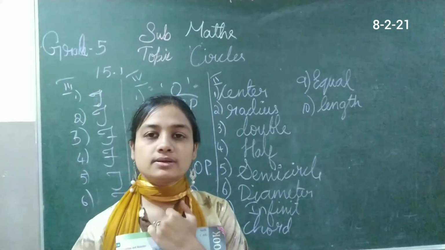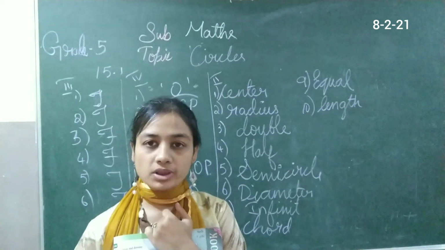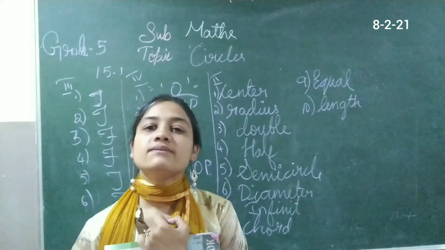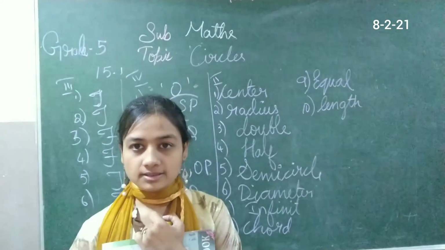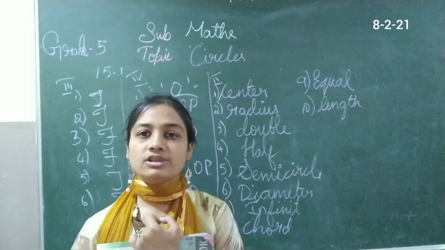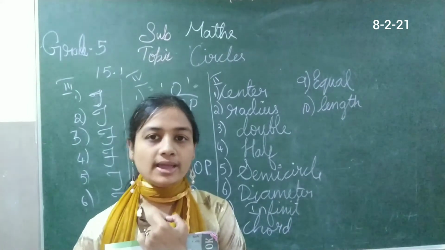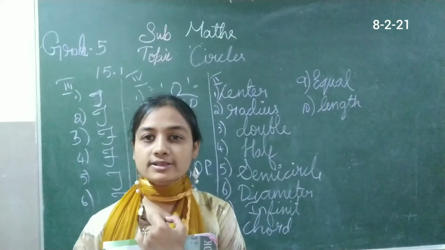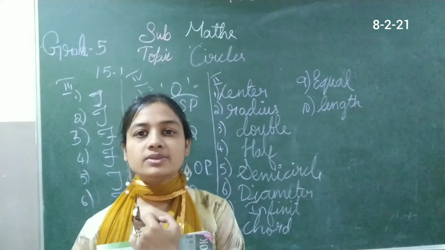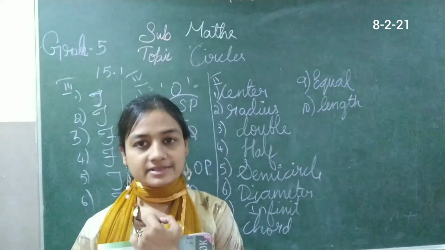In this chapter we have learned about circles. We learned what the circle definition is. We learned the circumference, its outer boundary. We learned the center, that is the dot or fixed point. We also learned radius, the line joining the center to any point on the circle. We learned the chord, the line joining any 2 points on the circumference. We also learned the diameter, which is the longest chord, and it always passes through the center.